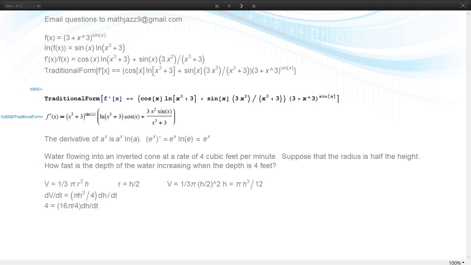We can, of course, cancel a 4 from the top and the bottom of this fraction. So we get 4 equals pi dh/dt, and we'll divide by pi on both sides. And we get that dh/dt is equal to 1 over pi. So that's not so bad. 1 over pi means that it's slightly less than 4 inches per minute.